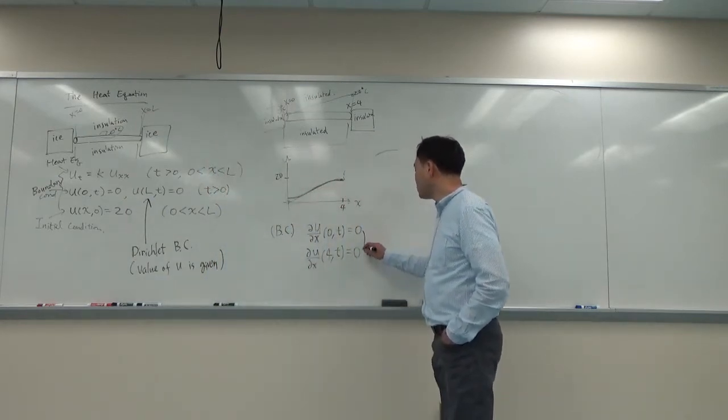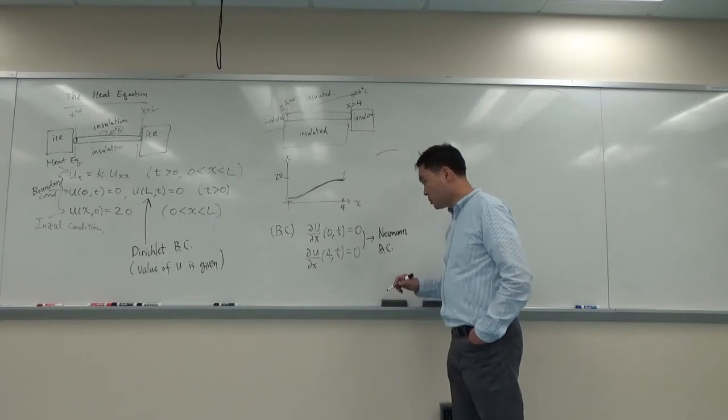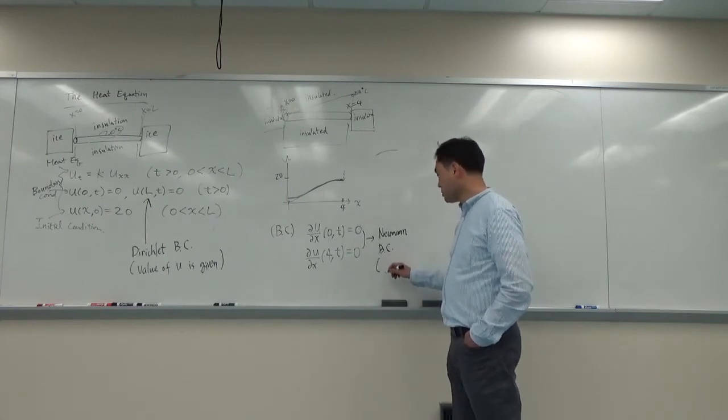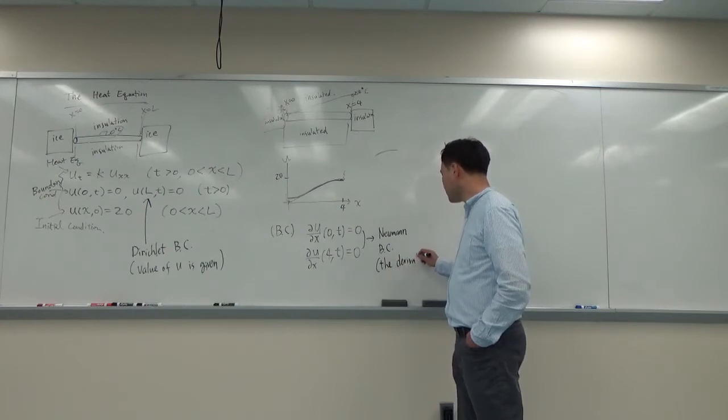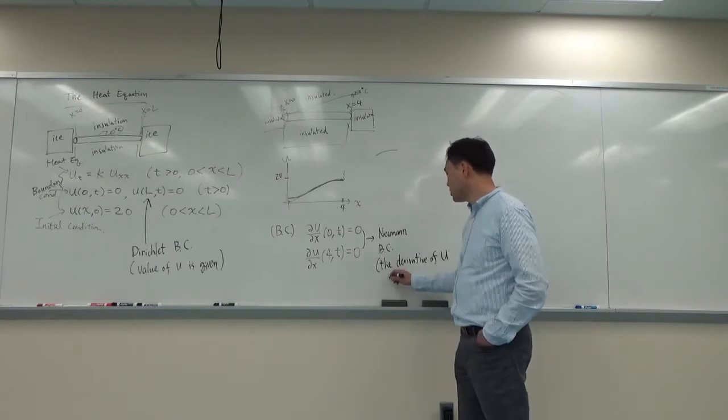On the other hand, this one is what we call the Neumann boundary condition, where the derivative of u is given.